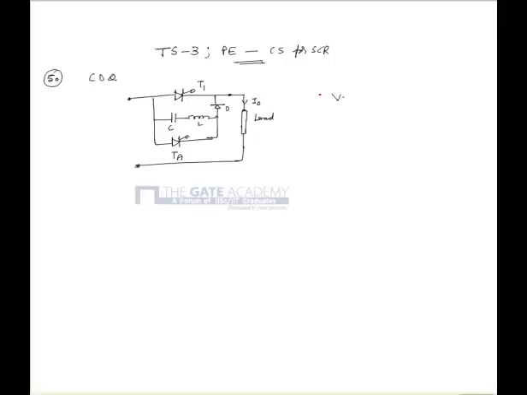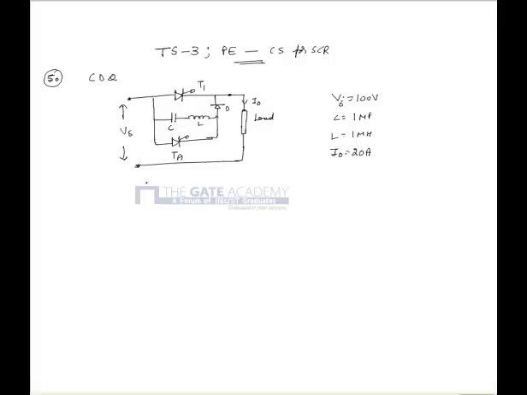It's given that Vs is the supply input voltage, which is given as Vs equal to 100 volts, and the capacitance C is equal to 1 microfarad, and the inductance L is equal to 1 microhenry, and the load current I0 equal to 20 ampere.